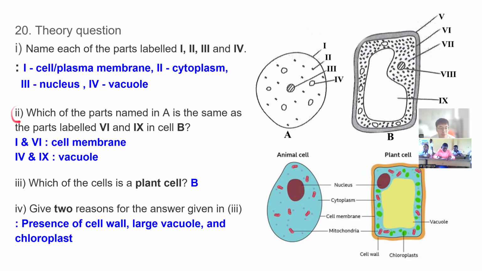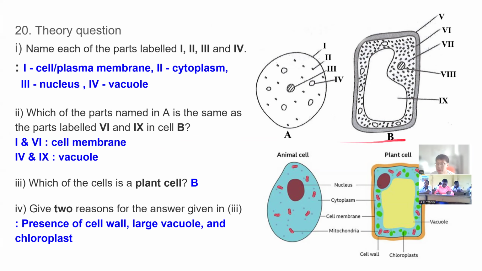And question 2 says which of the parts named in A is the same as the parts labeled 6 and 9 in cell B. In cell B, 6 is this outer part. That looks like the cell membrane, right?